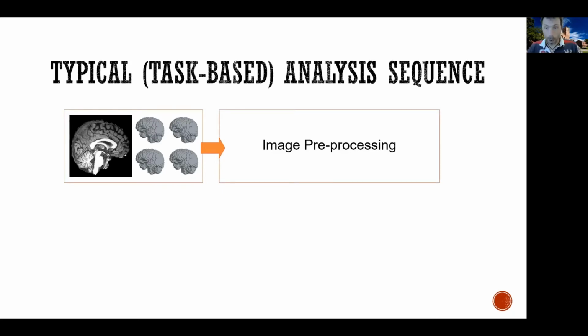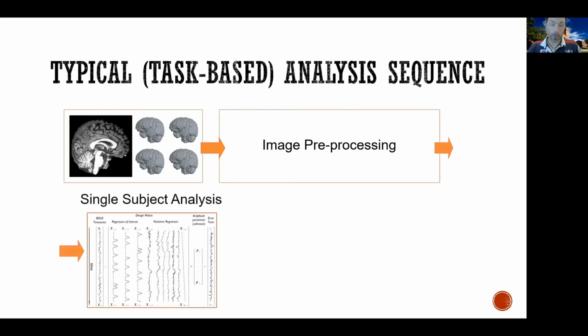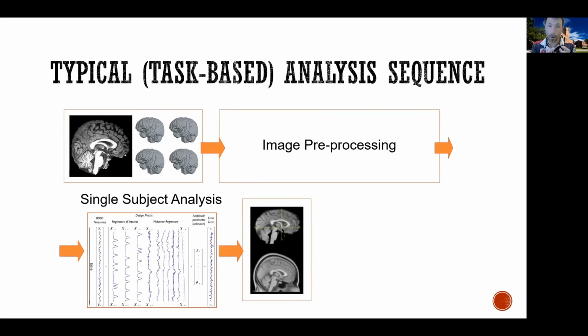Once you've pre-processed the data, you will do the analysis at the single run and single subject level. So you take the data for one run and you analyze that, and you see if some part of the brain has a signal that becomes stronger and weaker together with some mental activity of interest. Then we take the data from each participant, we put them all, you'll remember, in the common box or a standard space, and then we do a group analysis.